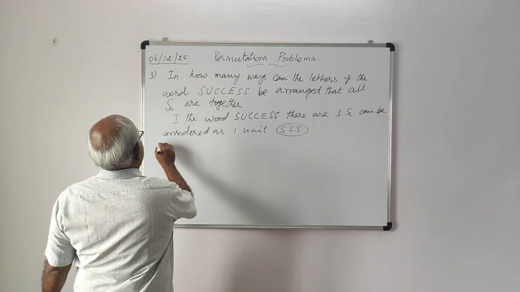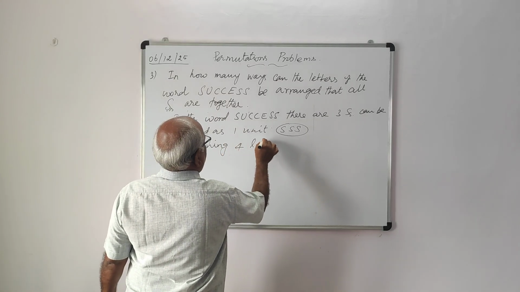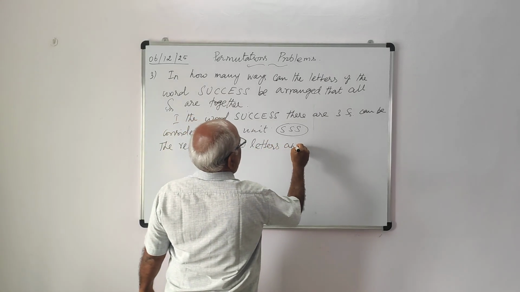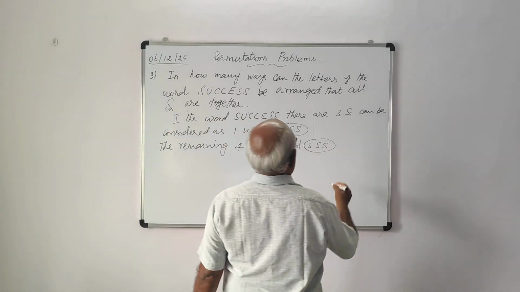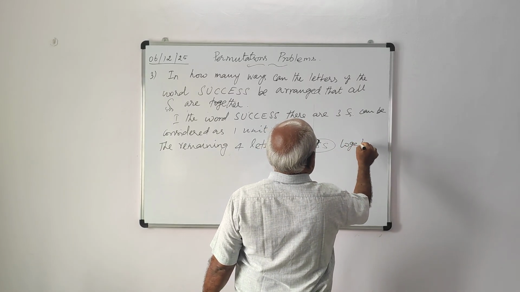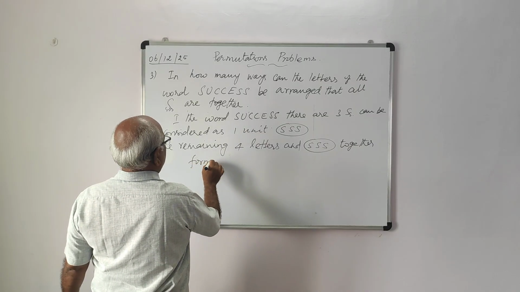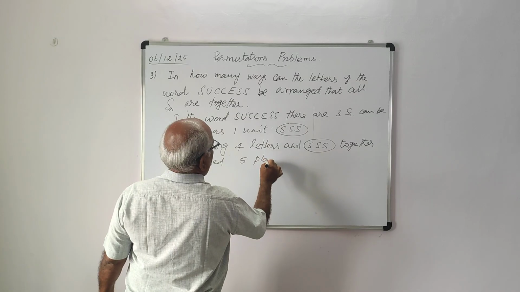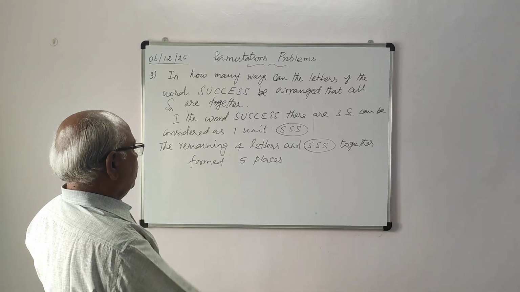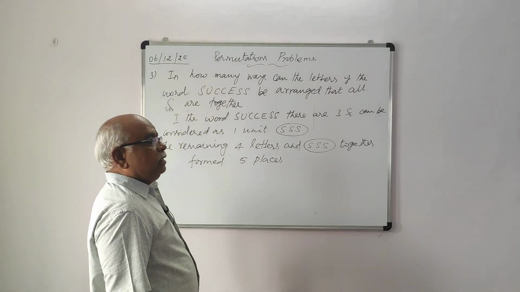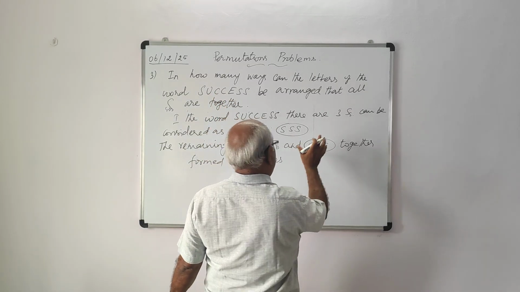So the remaining 4 letters and 1 unit of 3 S's form 5 places, totally 5 places.